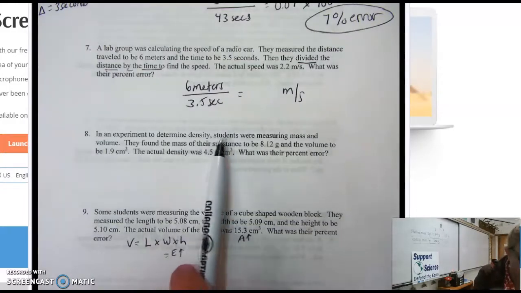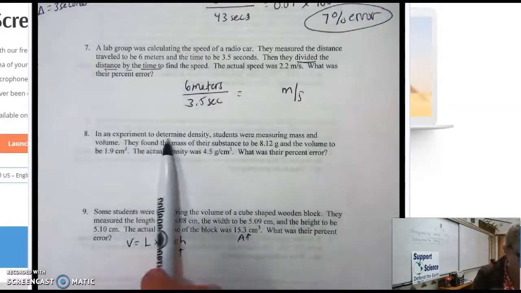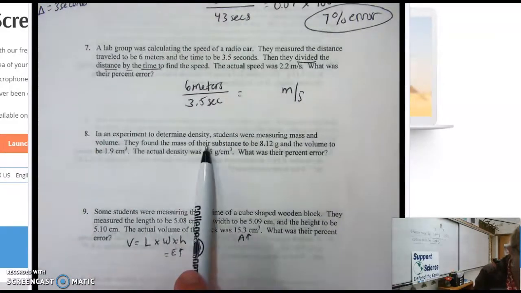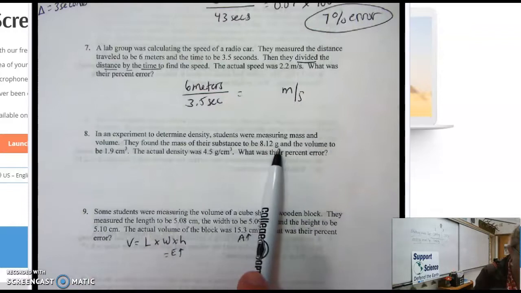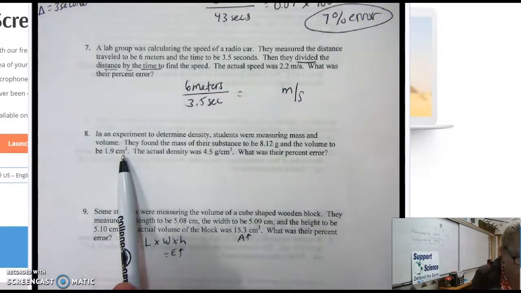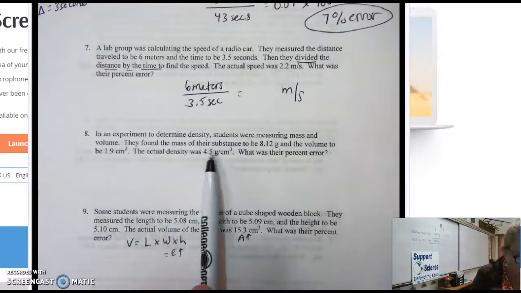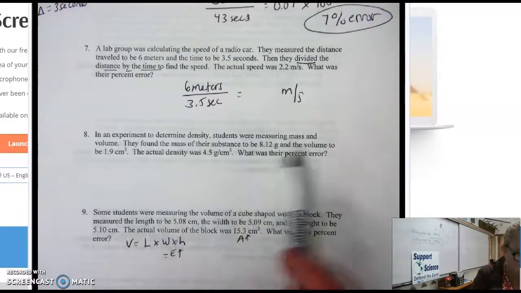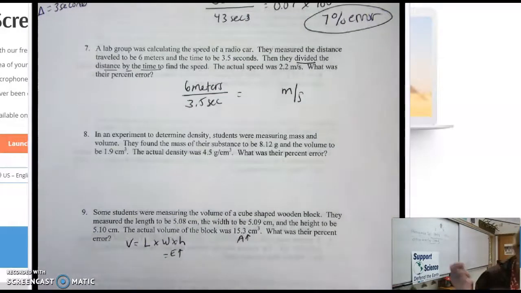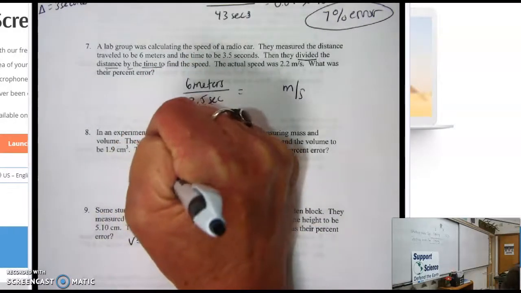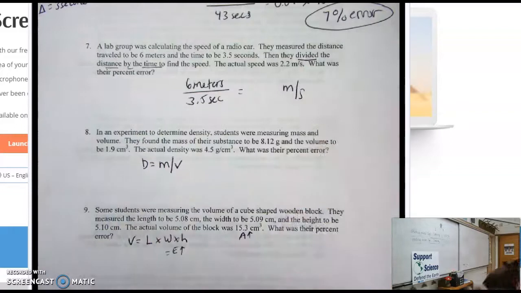But here we go. In an experiment determining density, students were measuring mass and volume. They found the mass of their substance to be 8.12 grams and the volume to be 1.9 centimeters cubed. The actual density was 4.5 grams over centimeters cubed. So what's their percent error? Holy cow! So the formula, which you're going to learn when we cover it, for density equals mass divided by volume.